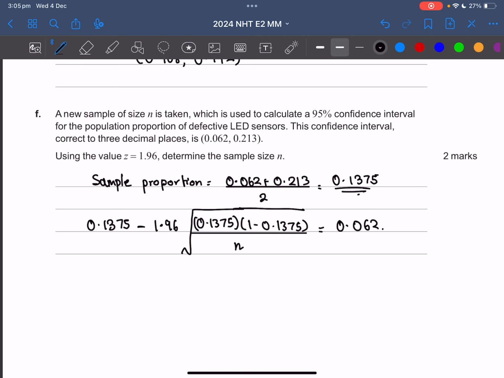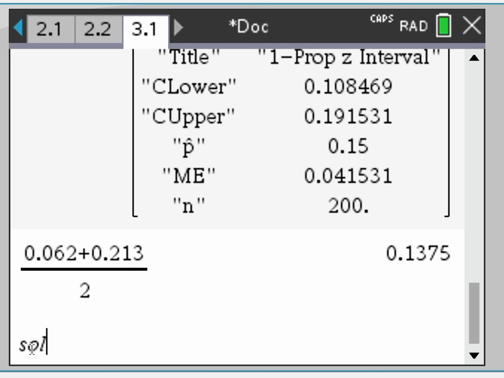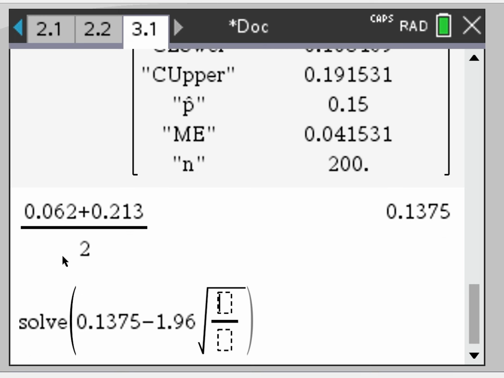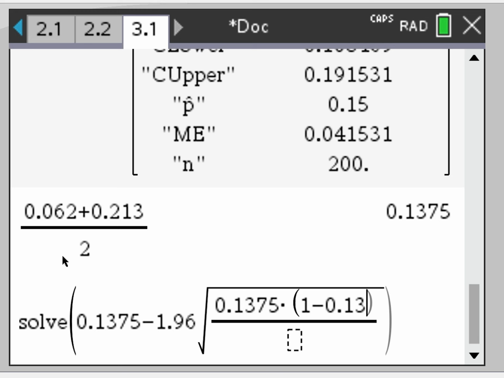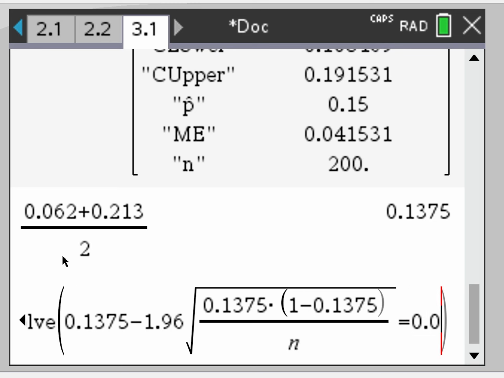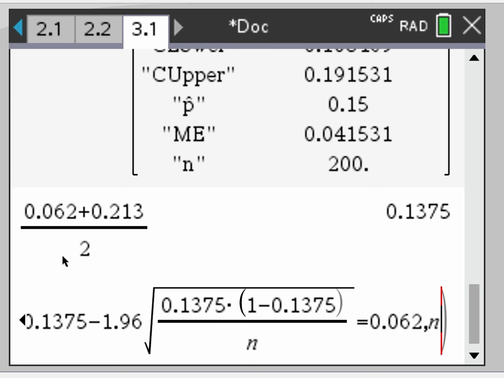Alright, so let us find this value on CAS now. Solve: 0.1375 take away 1.96 times the square root of 0.1375 times 1 minus 0.1375 divided by n, equals 0.062, comma n.